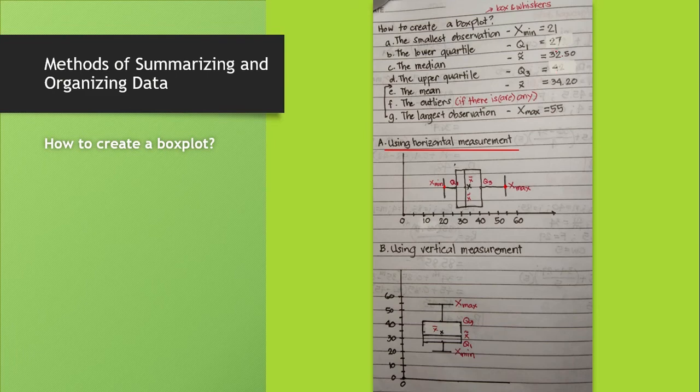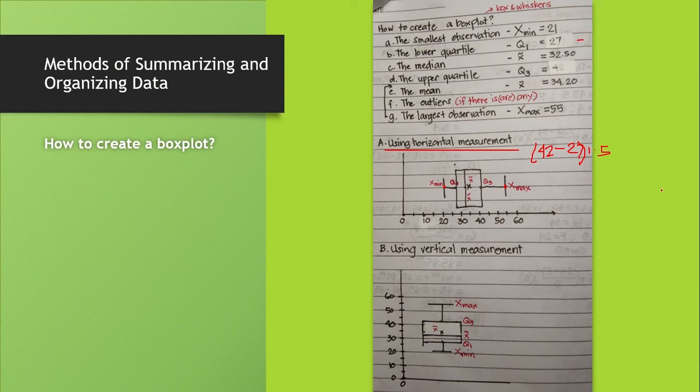Now, get the difference of 42 minus 27. Multiply it then by 1.5. If you get the product, subtract it from 27, and add it to 42.